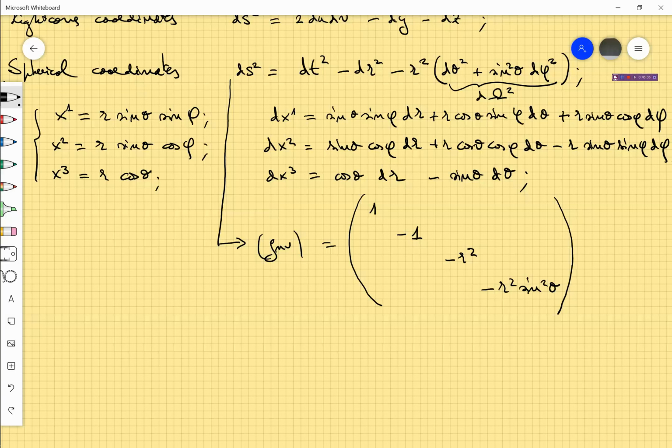For other problems, however, spherical coordinates are much more convenient, for instance for things that rotate, for spherically symmetric situations, and so on, as you know very well. So this is why we need to know how to deal with all of them, even if we are using only the Minkowski metric for the time being.